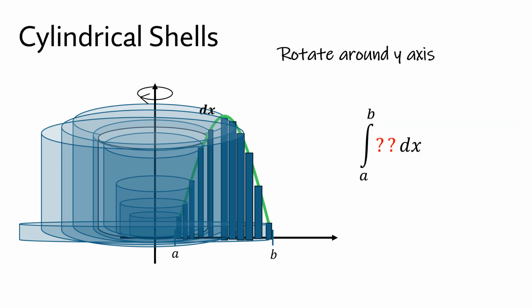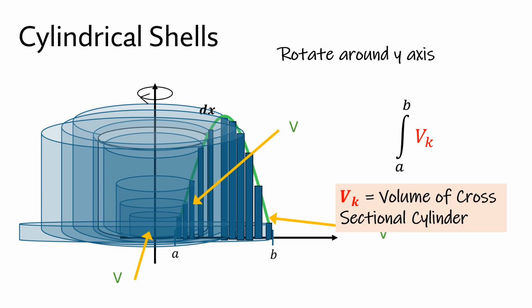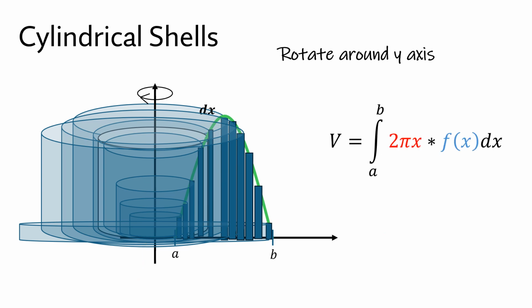We know it's the volume of the cross section. And we know that if we just add up the volumes of all those little cylinders, all those cross sections, and take the number of cylinders, the number of intervals to infinity, we will get that definite integral of the cross-sectional volumes. And now we know that that is going to be this 2 pi x times f of x dx. And so we have our formula when rotated around the y-axis.